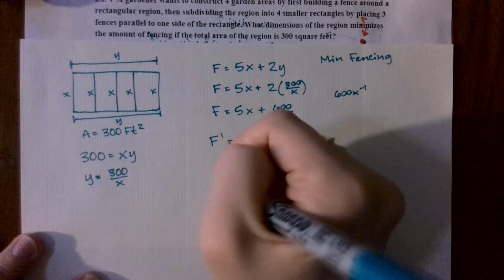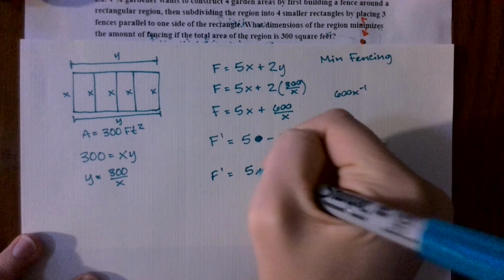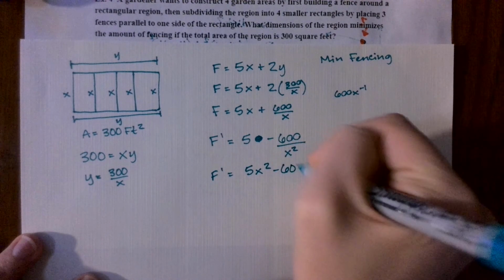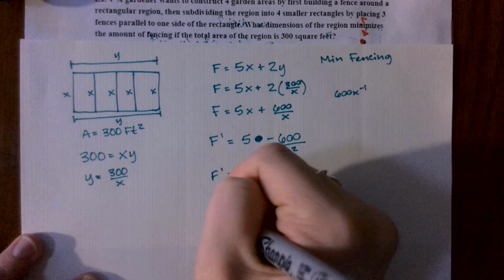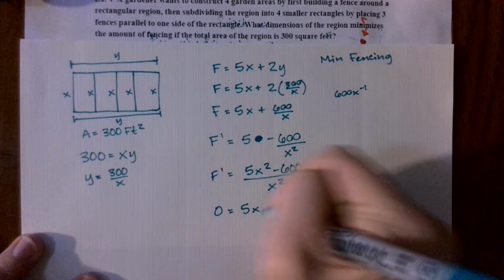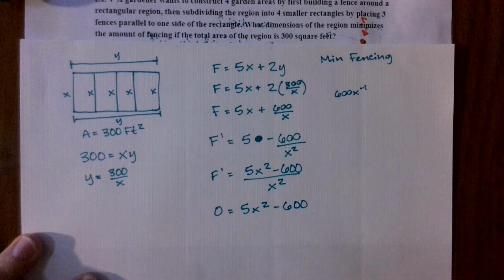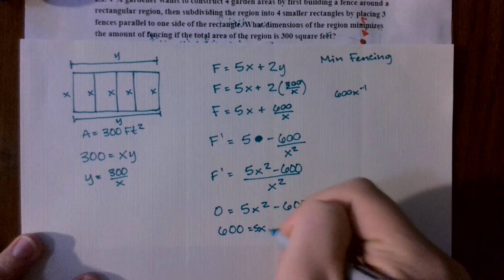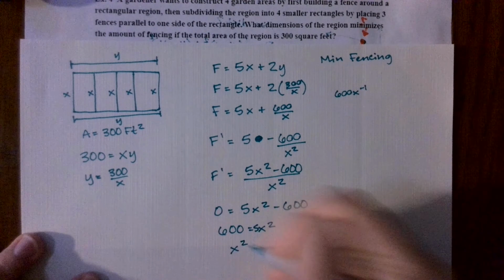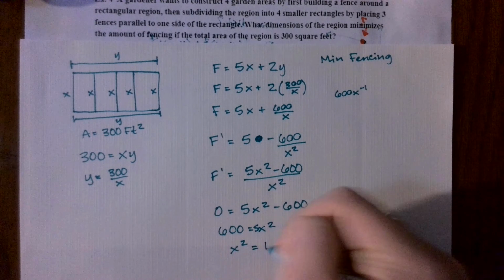So this is where I'll go ahead and say f prime equals, multiply my 5 by x squared over x squared. And then when I set it equal to 0, my denominator is not going to make a difference. I'm getting my x by itself. Oop, don't want to lose my 5. I'm getting ahead of myself. So I've got 120.